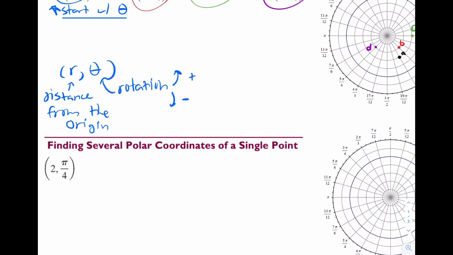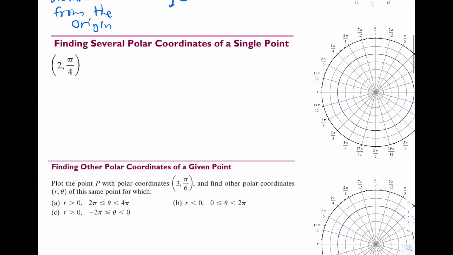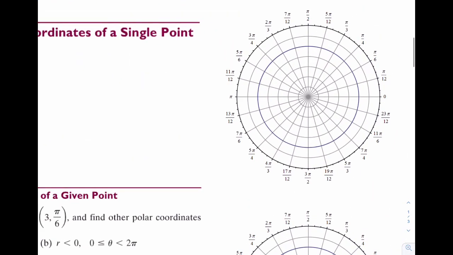Okay, now let's kind of expand on this idea. 2, pi over 4. So at this point, we should be able to locate that pretty easily. Look at pi over 4 and walk 2 units forward. 1, 2. What we're going to do is try to think of multiple ways to get to this point.